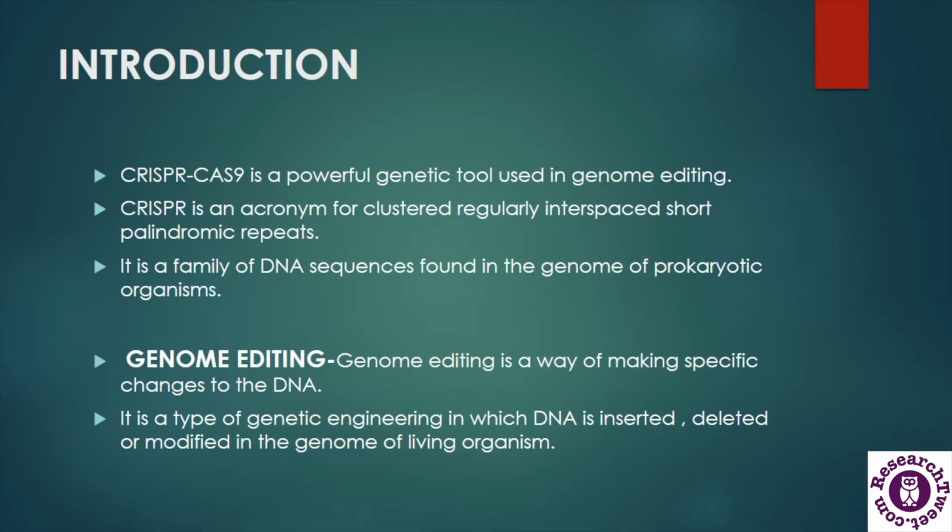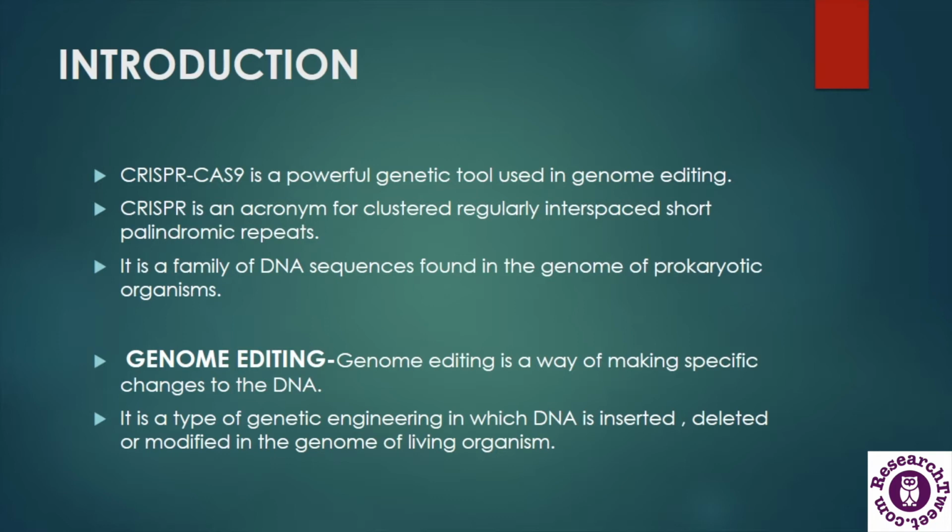Now CRISPR is an acronym for clustered regularly interspaced short palindromic repeats. So basically the CRISPR sequences are palindromic repeated DNA sequences which are commonly found in prokaryotic organisms like bacteria and archaebacteria.